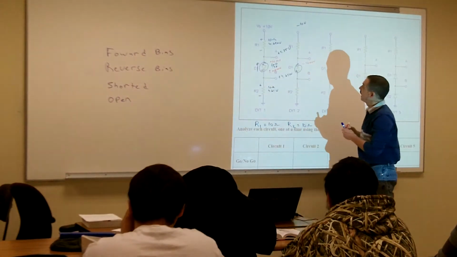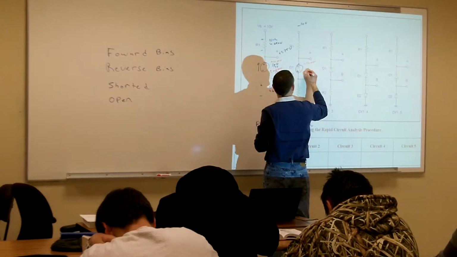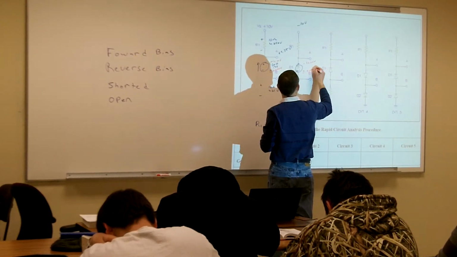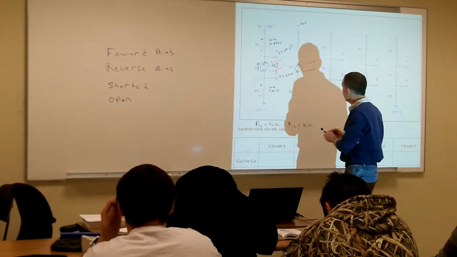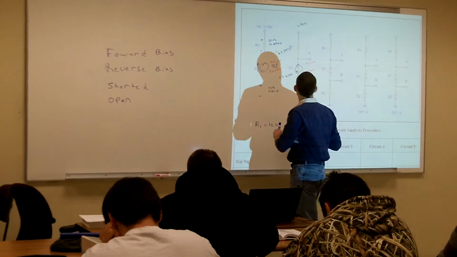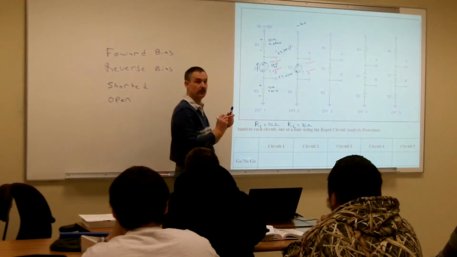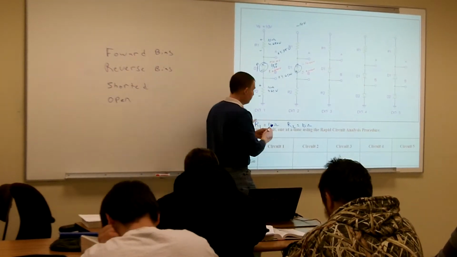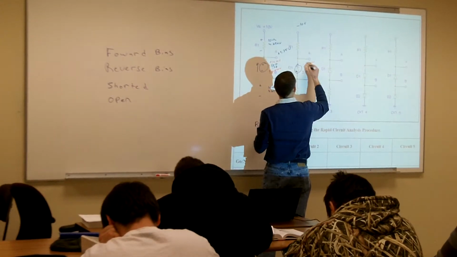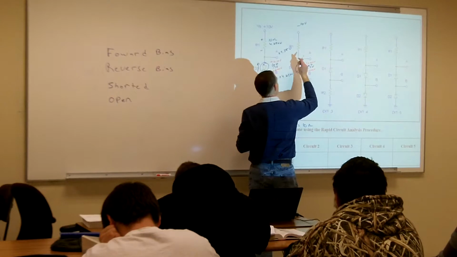And then on my anode side? Plus or minus 0. Is that diode a go or no go? It's a go. It's going to drop 0.7 volts.